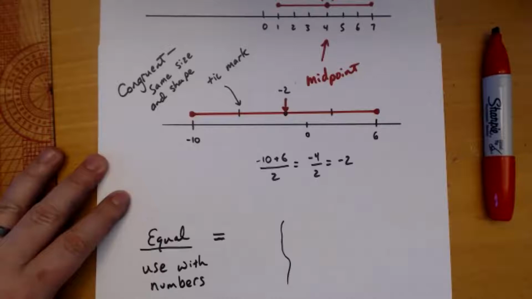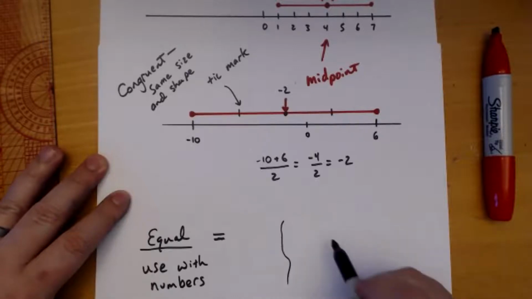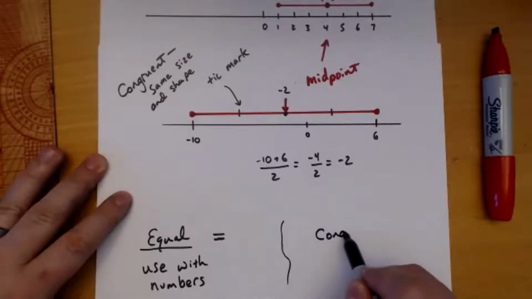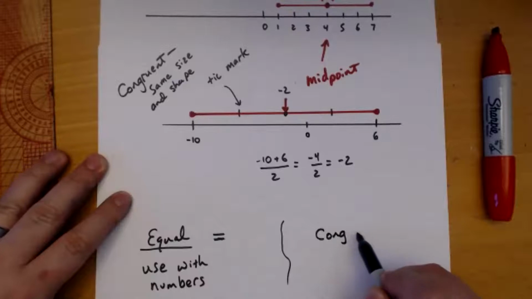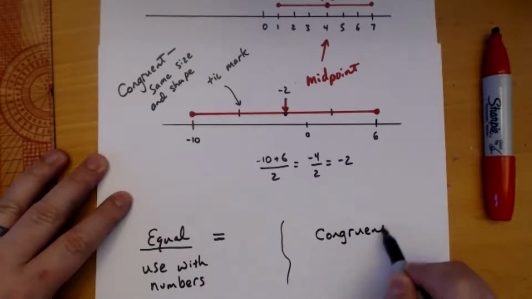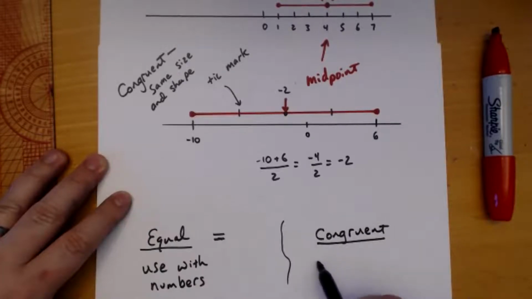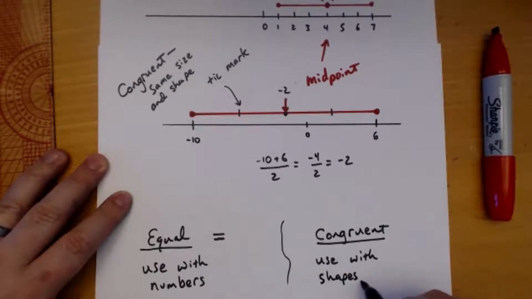Whereas congruent, and we're going to be using this word all the time in this class, we use with shapes, or let's just say objects.